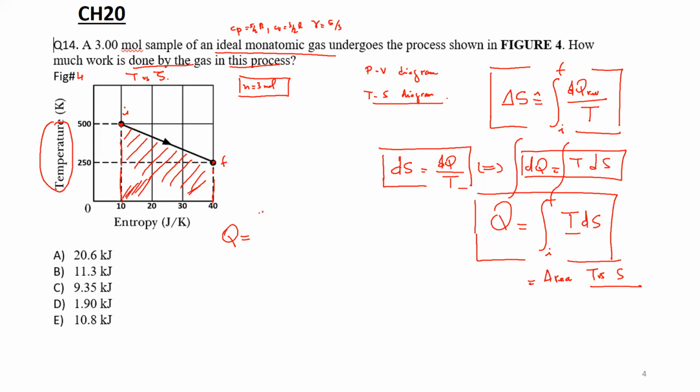So it's an integral between 10 Joule per Kelvin to 40 Joule per Kelvin of T dS, basically the area as I showed it here. So what is this area? It's equal to, okay, it's a parallelogram. So you know that I know this, I know this. So it will be T final plus T initial.